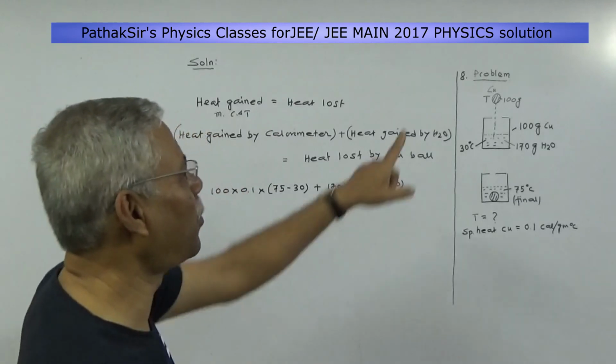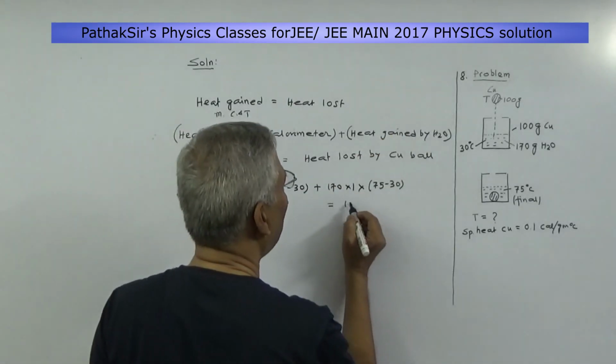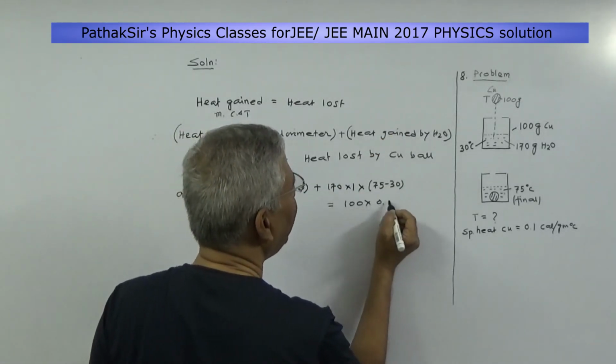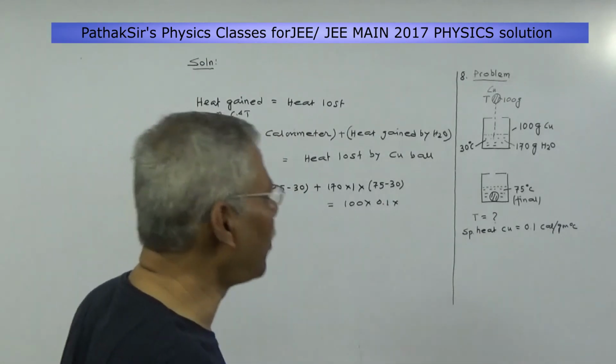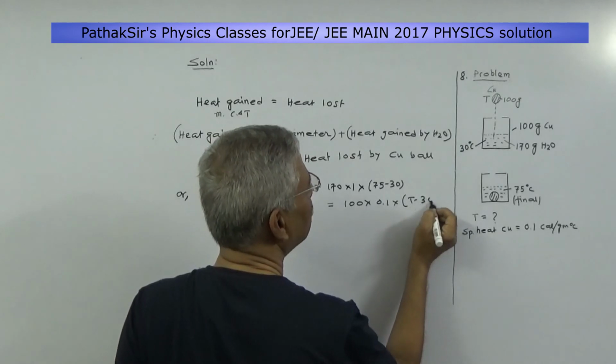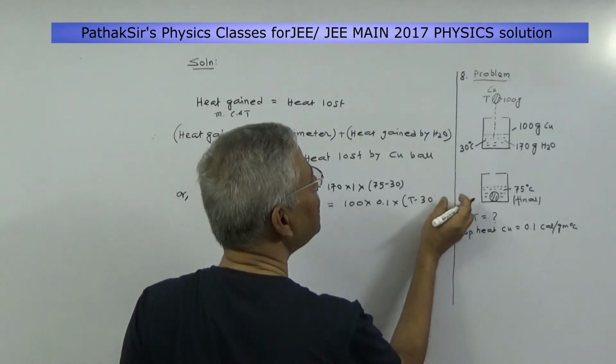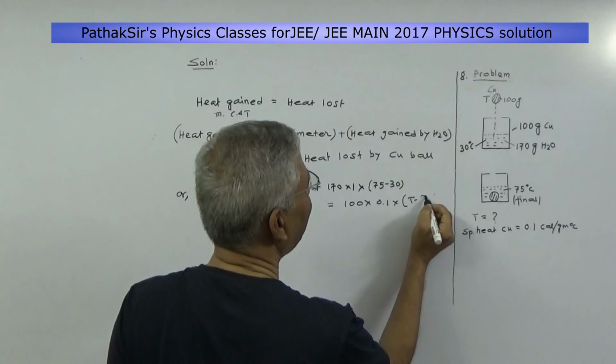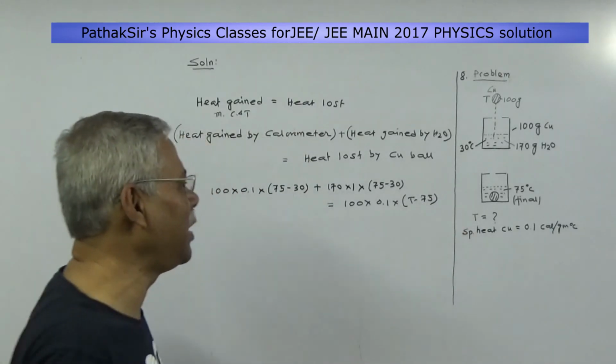Heat lost by copper ball: mass of copper ball 100 into 0.1 into T minus 75, final temperature is 75.